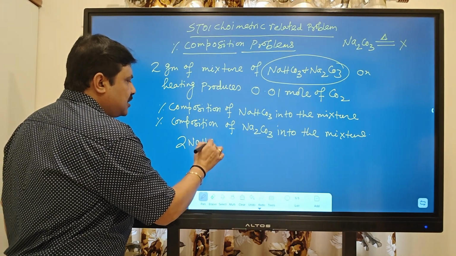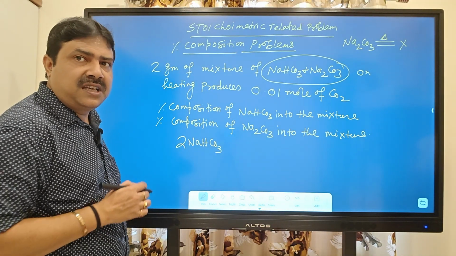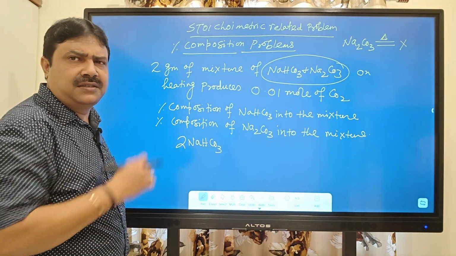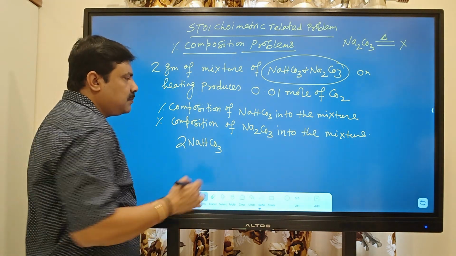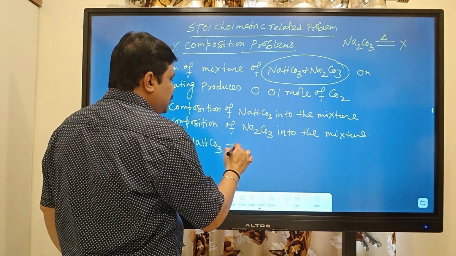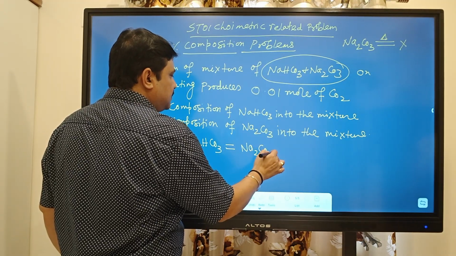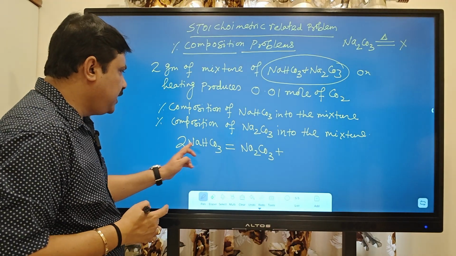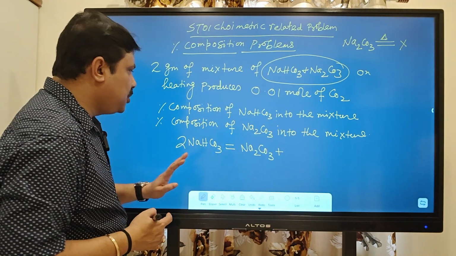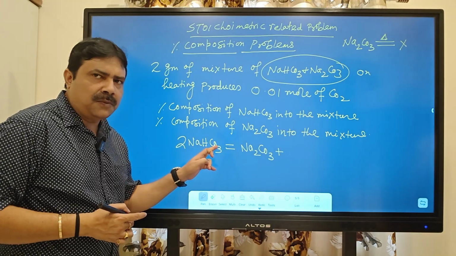As per this equation, in the Solvay process these discussions are also there. You need not worry, not even a single inch. All things will be covered. These 2 moles of sodium bicarbonate will dissociate as per this equation. Look at 2 units of sodium, 1 unit of carbonate, then 2 units of hydrogen and 1 unit of carbonate.